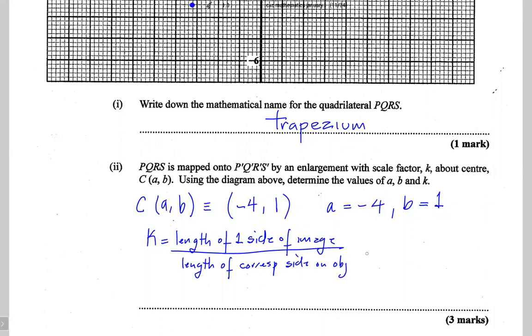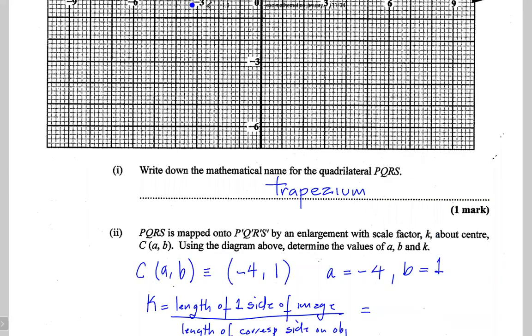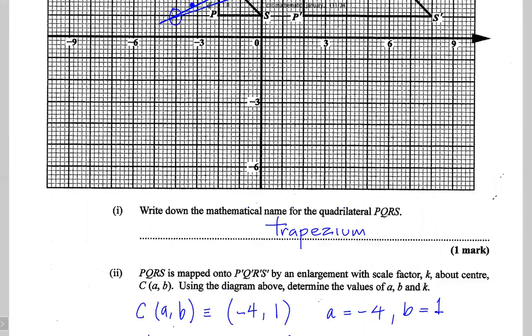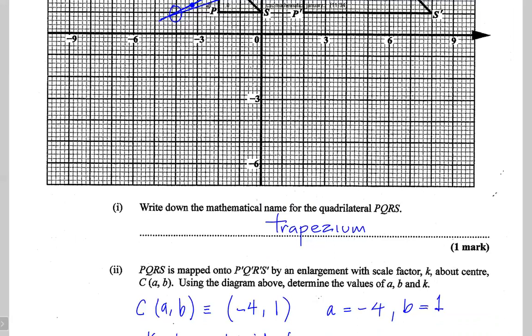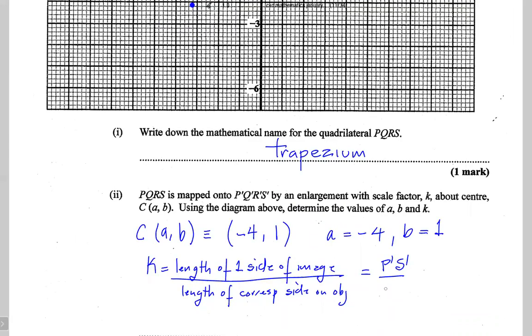In other words, K would be equal to, let us say, P prime S prime divided by PS.